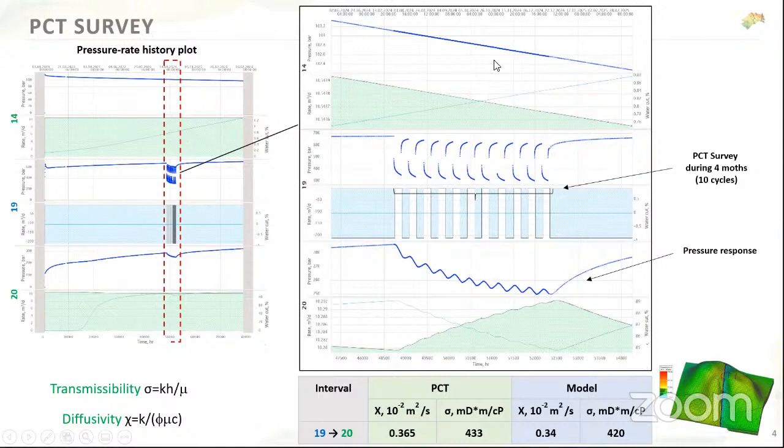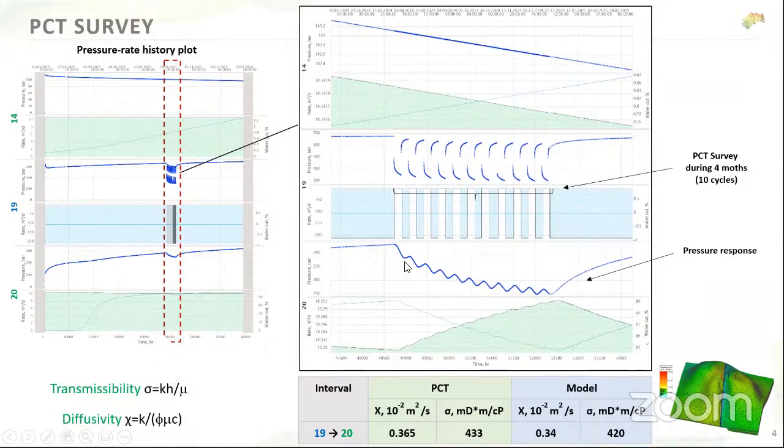In well number 14, which is beyond the fault, we will not see any pressure changes. In well number 20, which is not isolated by the fault, we would see pressure changes. The time of pressure propagation would depend on reservoir diffusivity, and the amplitude of the pressure changes in the observation wells would depend on reservoir transmissibility.